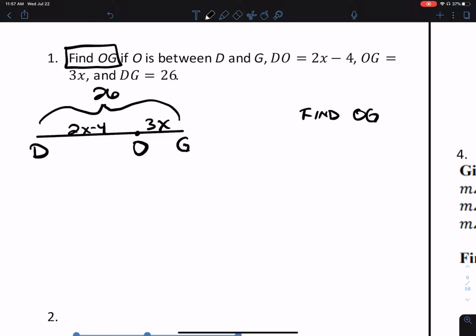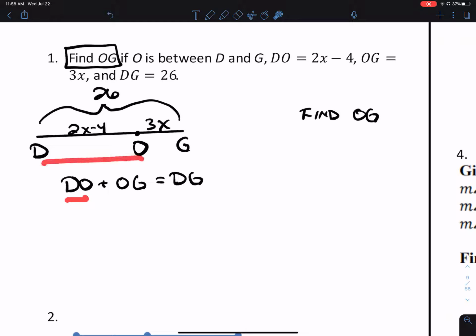And we have this postulate we just learned, the segment addition postulate, which says, if O is between D and G, which it is, then DO plus OG equals DG. So that's the equation we're going to write down. We're always going to write the equation down first with letters if letters are in the problem, and they are.